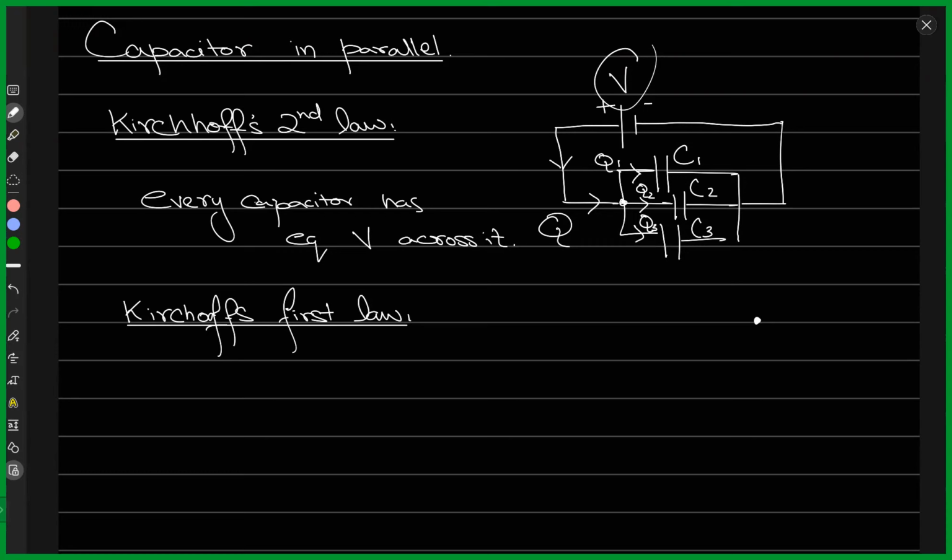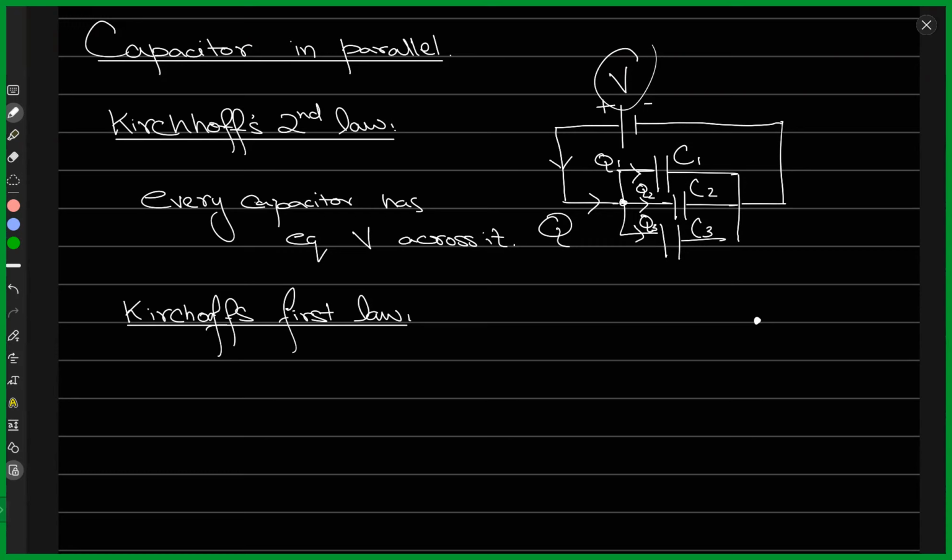And this is just the conservation of charge, right? Charge is conserved. So these laws are called Kirchhoff's first law and second law, but essentially they're just conservation of charge and conservation of energy.